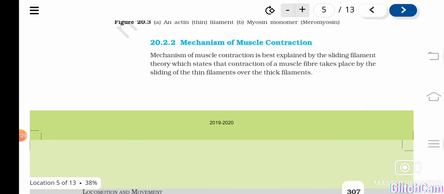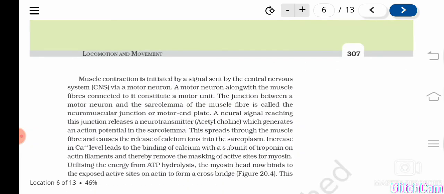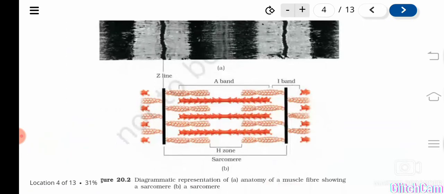The mechanism of muscle contraction can be explained by the sliding filament theory. According to this, contraction of muscles happens by the sliding of the actin filaments, the thin filaments, over the thick filaments. Do you remember, I told you when the muscle is in the resting stage, the actin filament ends are just arching over the myosin filaments.